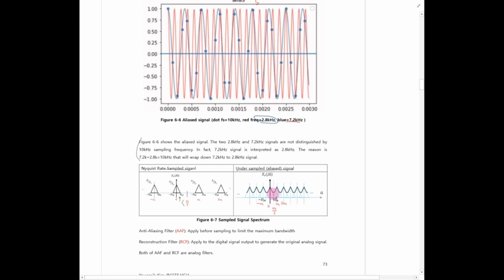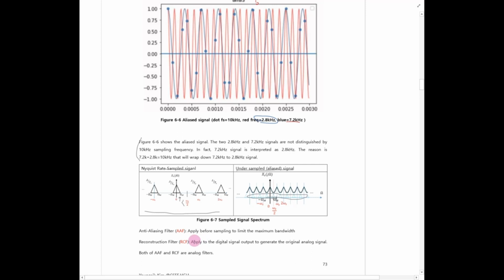Then aliasing occurs. If aliasing occurs, we cannot reconstruct the original signal because the spectral domain signal is damaged. If the signal satisfies the Nyquist rate, we can recover the original signal without loss.